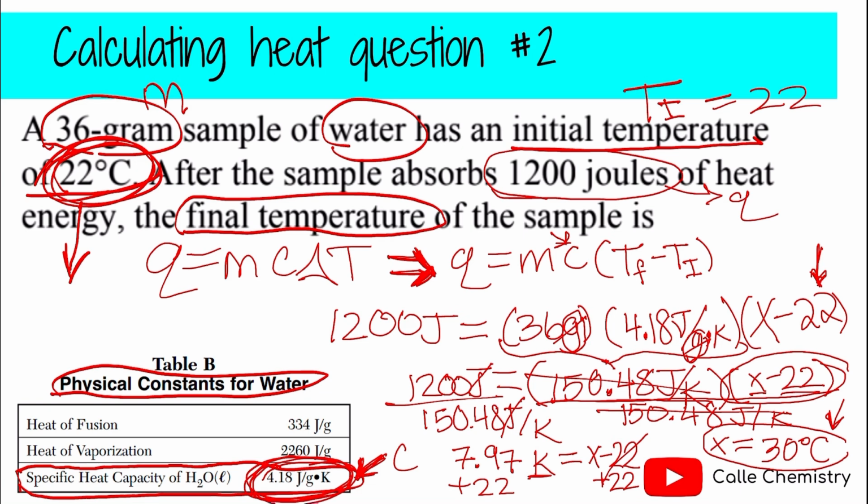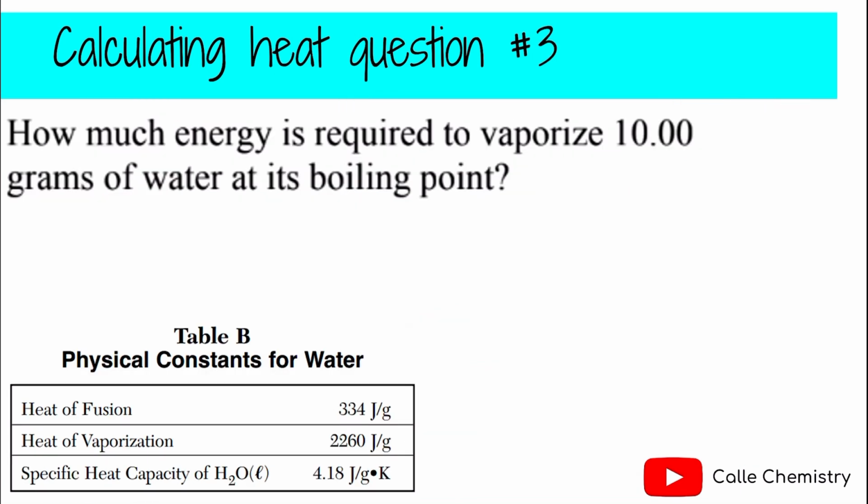So that's why it's not necessary to change the temperature here, because it's delta T and you're getting the difference between two numbers. Even if you change the unit from degrees Celsius to Kelvin, you're still going to get the same difference. So it's not necessary. All right, so for this question, we got x is equal to 30 degrees. Let's move on to the next one.